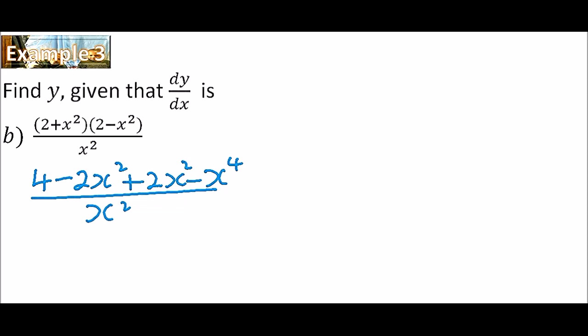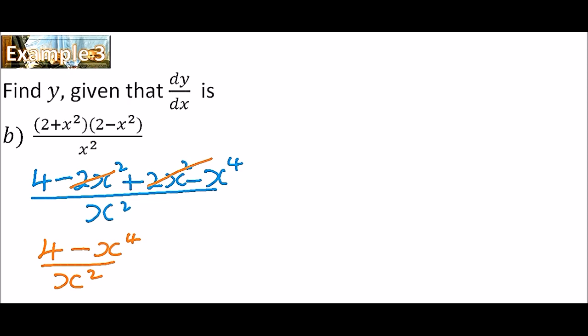So we can see here that minus 2x squared will cancel with plus 2x squared, that is, you subtract, you get 0. So we'll be left with 4 minus x to power 4, all this divided by x squared.